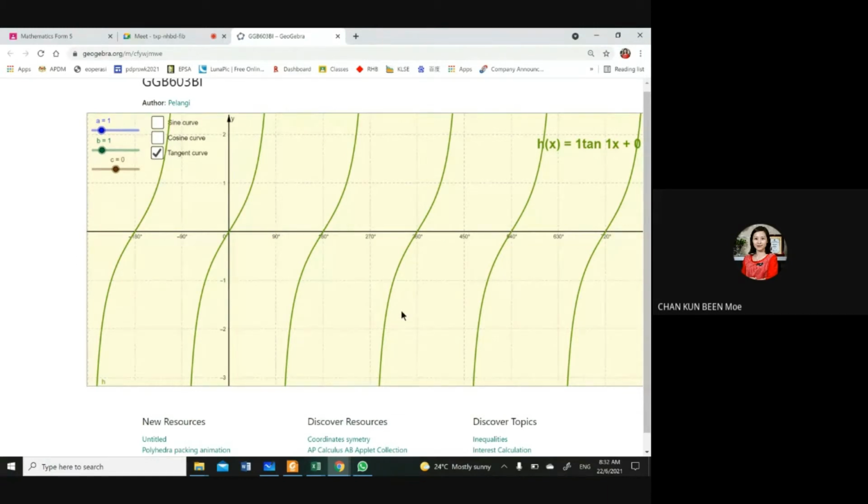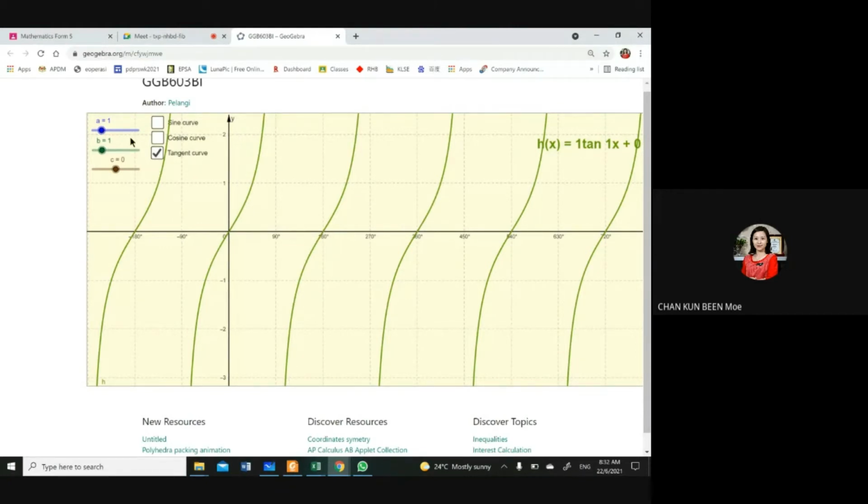For a complete period, tangent is different from sine and cosine. Sine and cosine have a complete period from 0 to 360 degrees, but for tangent, a complete period is from 0 to 180 degrees only. So a complete period, you will see this graph with this one only.